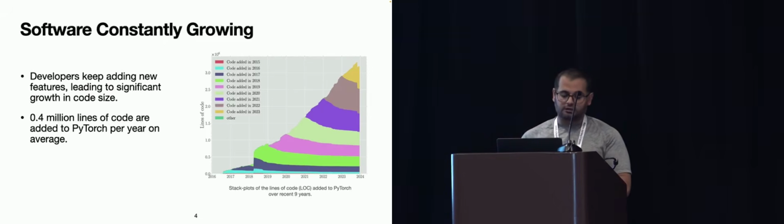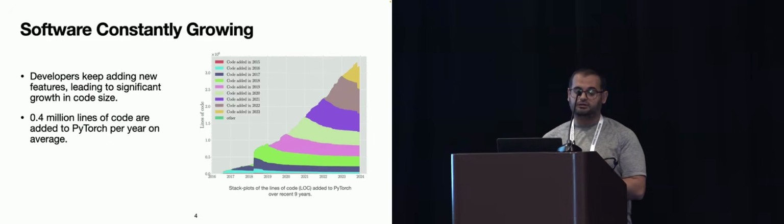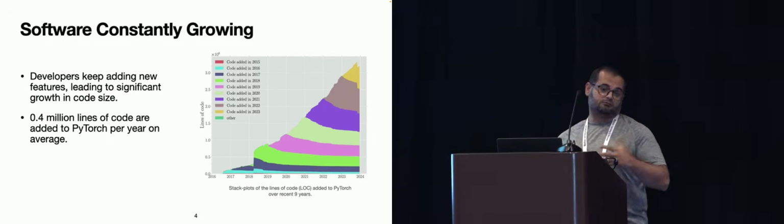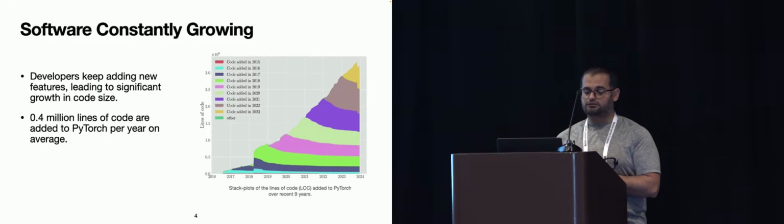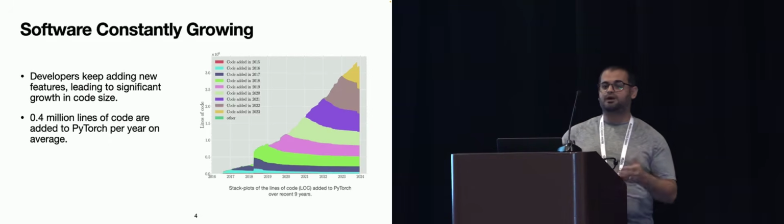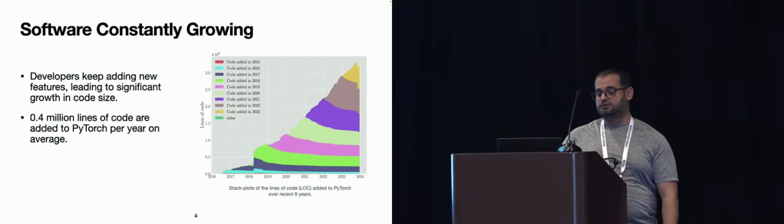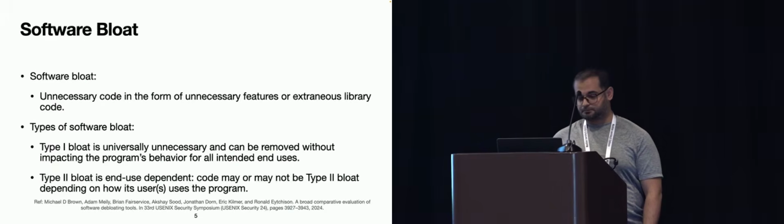The size of the code added to, for example, PyTorch is almost 500,000 lines of code. We have people here from PyTorch, they can confirm that. But if we can take this as an exemplar, we can see there is tremendous growth.